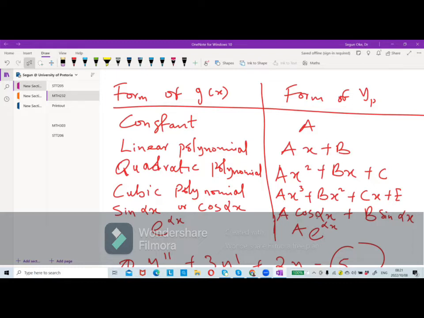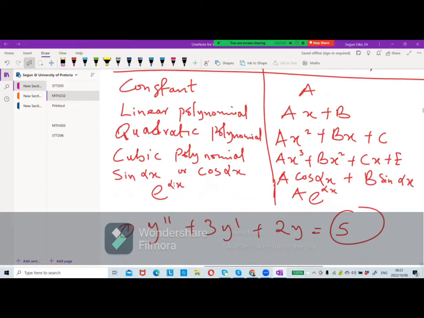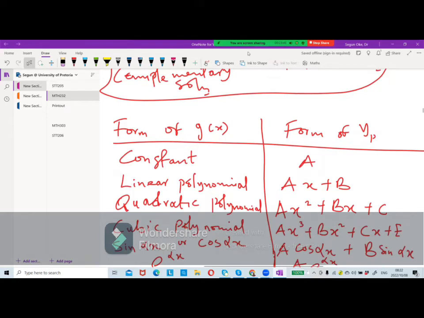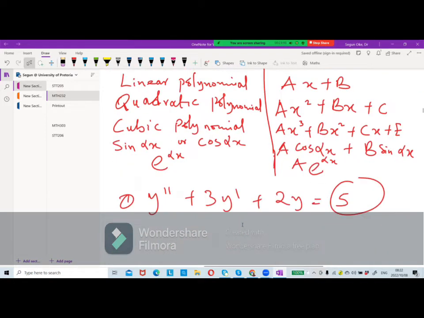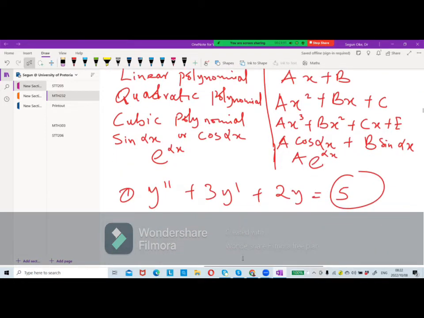So that one will be AX exponential alpha X. So we have different things that can come up when it comes to this particular question. But by the time we are solving some of the problems, we will understand better and you will also know what it means. Okay, let's go.